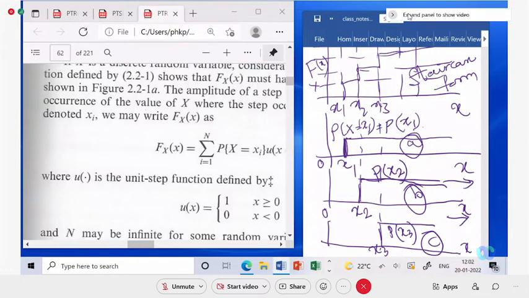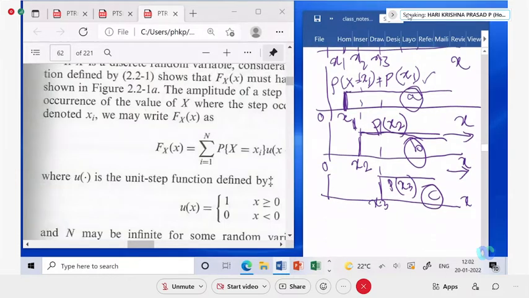It is p of x1, where that step function is happening at x equal to x1. In figure B, the magnitude of the step function is p of x2 and it is happening at x equal to x2. Is it okay? In figure C, the magnitude of the step function is p of x3. The step function is happening at x equal to x3.